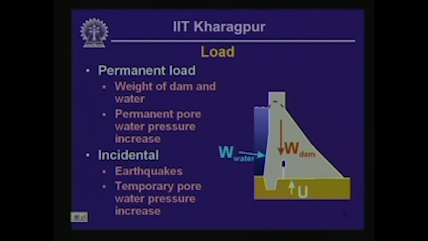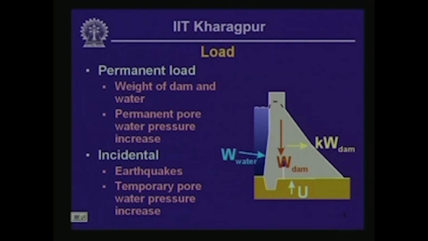In addition to it, we are going to have a bunch of incidental loads. The first one that I have considered here is the inertial load, for instance because of an earthquake, and this particular inertial load is going to be typically a multiplier times the weight of the dam. This is a very simple approach that I am discussing here. There could be other more involved approaches.